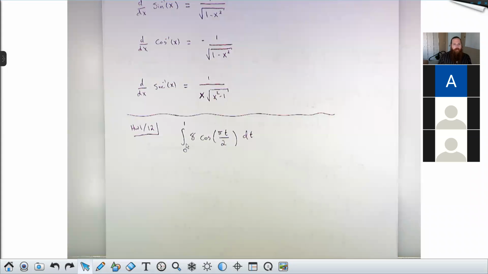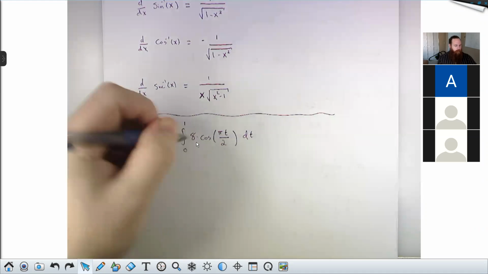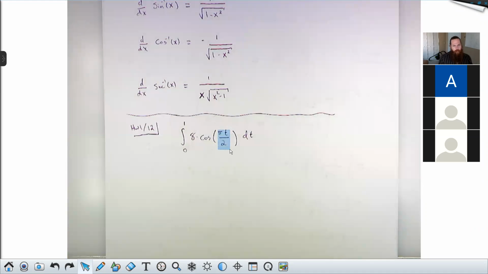Again, coming from section 5.5, we know the move is going to be a substitution. And the thing that makes this integral feel a little bit weird, this, cosine, that's not intimidating. 8, that's just a constant. It's the pi over 2, right? If I want to substitute for the inside, if this was just cos x, this would be easy.